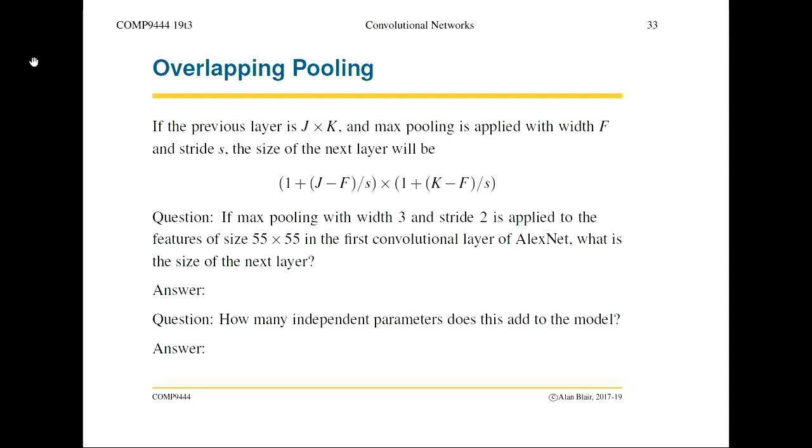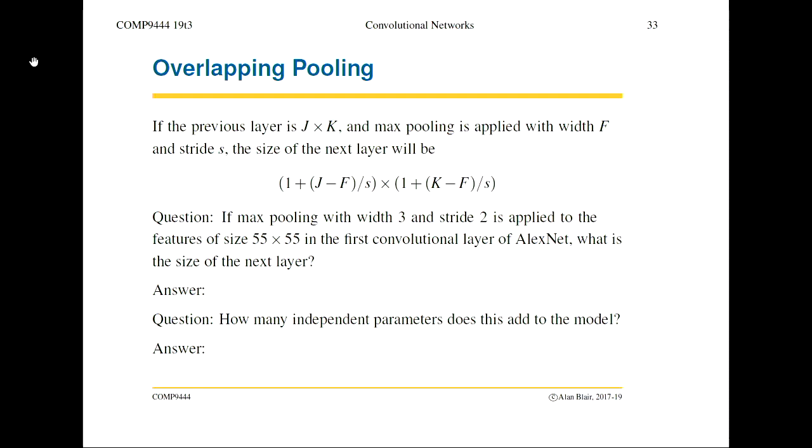Well, again, it's 1 plus (j minus f) over s. So roughly speaking, you're dividing by the stride, but technically you've got to look at the details and avoid making a fence post error.